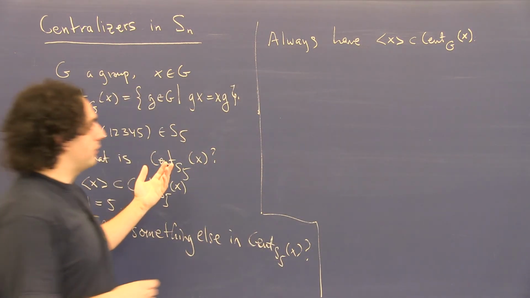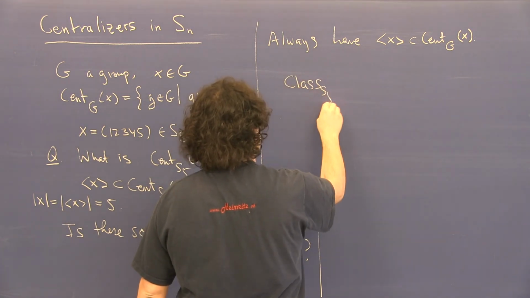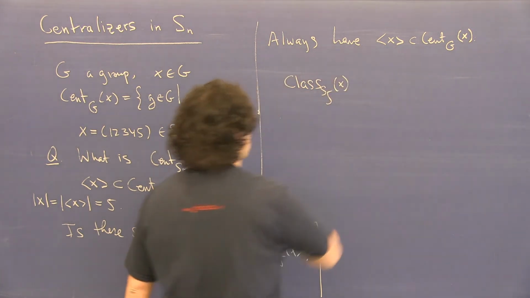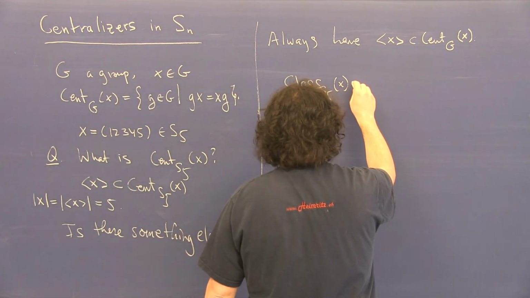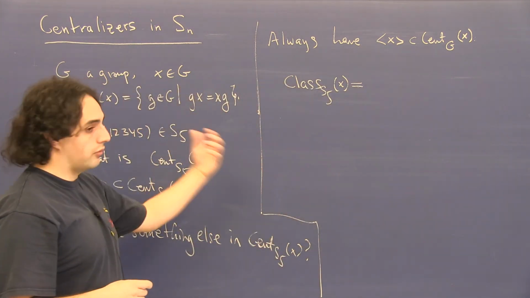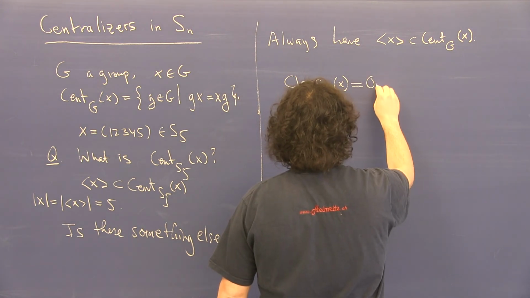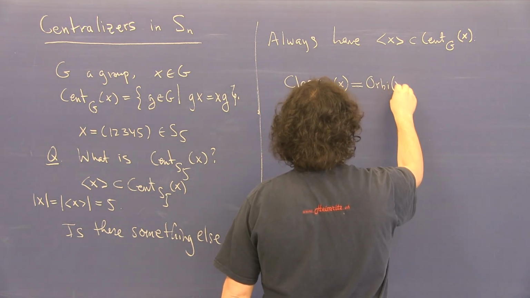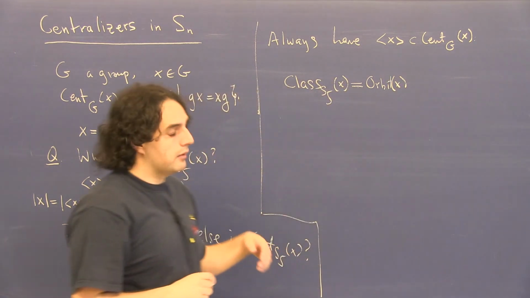That's the orbit of x. So if I look at the class in S5 of x, then by the previous lecture, and just so that we get used to the language of group actions, let's remember that this is also the orbit of x under conjugation.